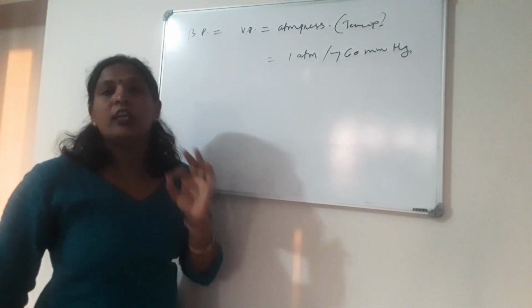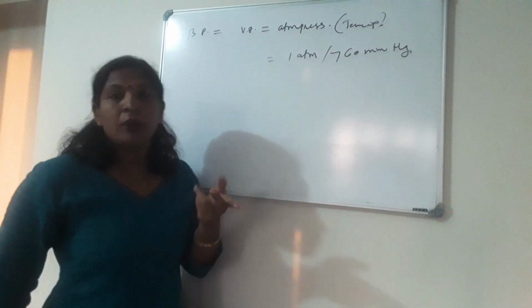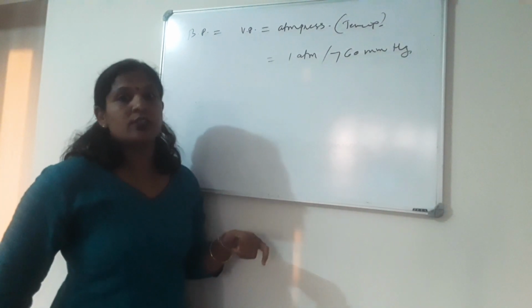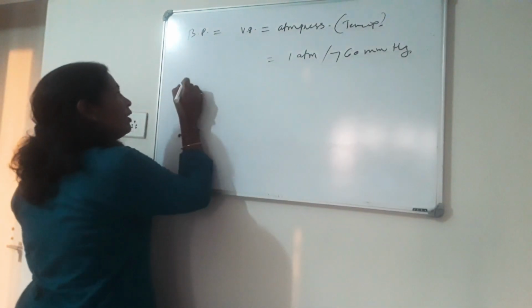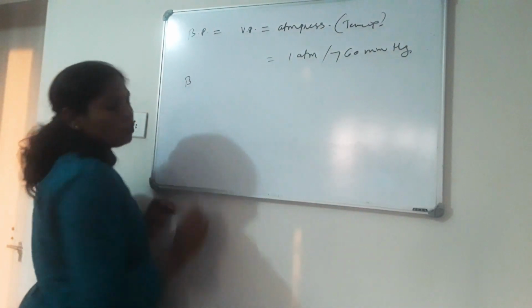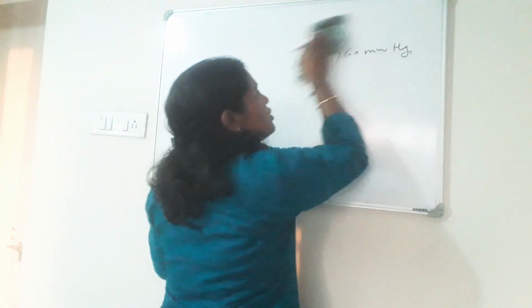Boiling point of any component is not fixed, but normal boiling point is fixed because atmospheric pressure is fixed at that time. Okay. So now we have to understand the boiling point diagram which is used in distillation.